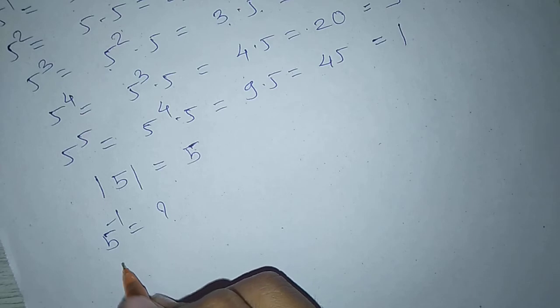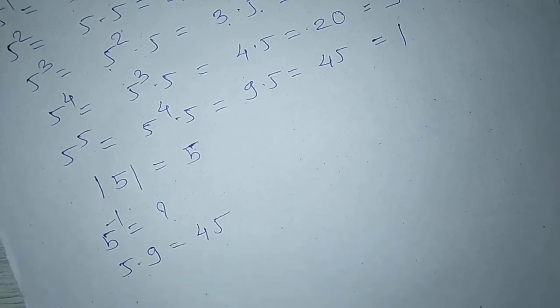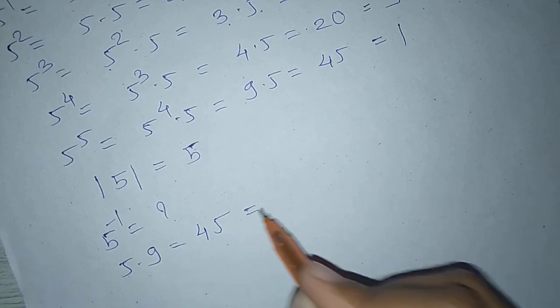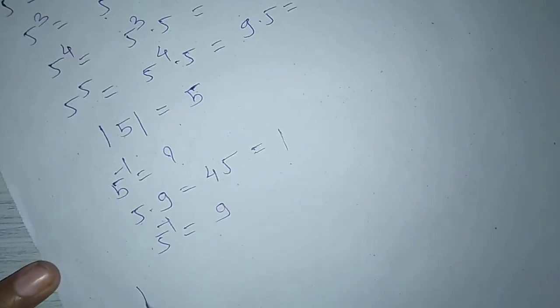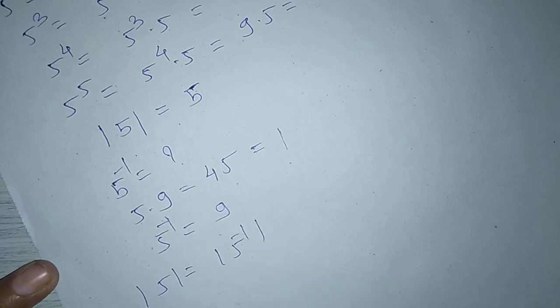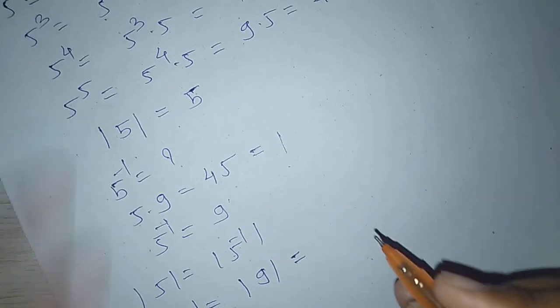Inverse of 5: 5 into 9 equal to 45, which under modulo 11 is 1, means 5 inverse equal to 9, means order of 5 equal to order of 5 inverse, which implies order of 5 equal to order of 9. 5 inverse is 9, is 5.